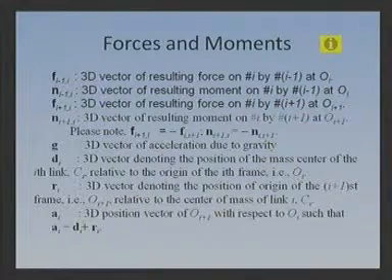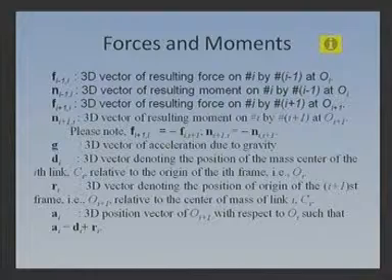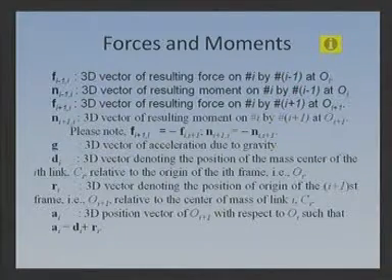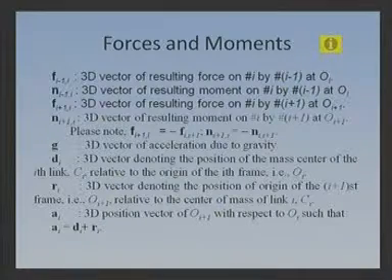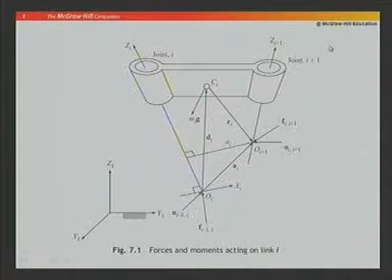Now, we would like to do the calculations for which we define certain vectors. Let us look at this diagram first. I have taken out one link from the robot arm, and in this link we define the following quantities.